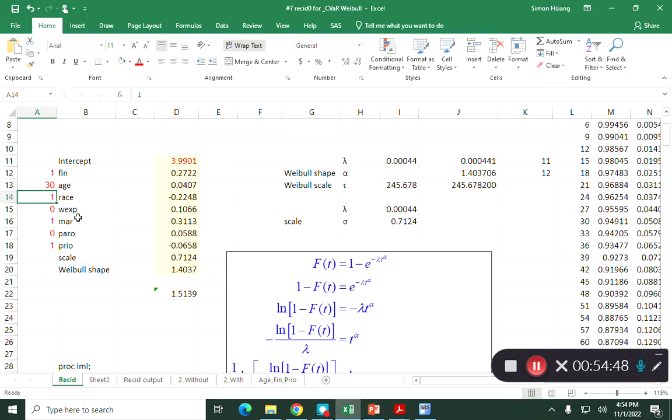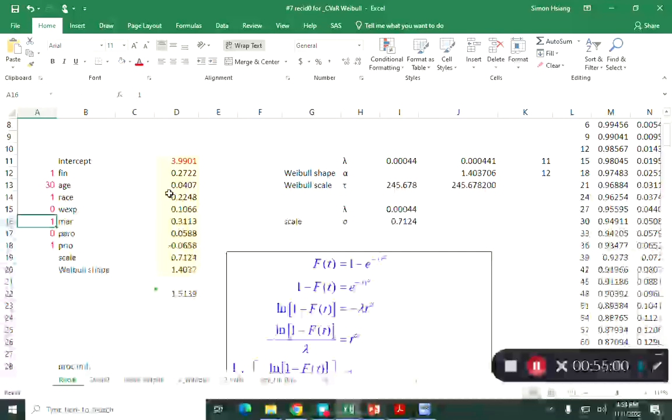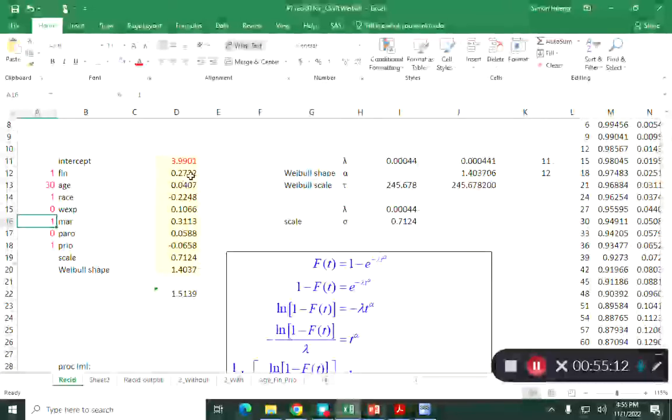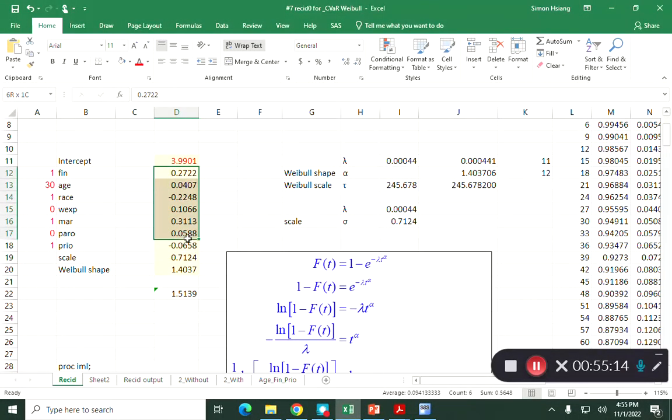Race, I'll say is 1. Work experience is 0. Marriage status is 1. Let's just pretend all the parameters can be used, okay? In reality, we know that the statistics say some are useful, some are not. So we could eliminate some variables and say, that's nonsense, never use that. But here, let's say that we use all the parameters.